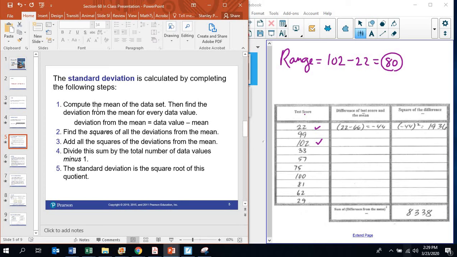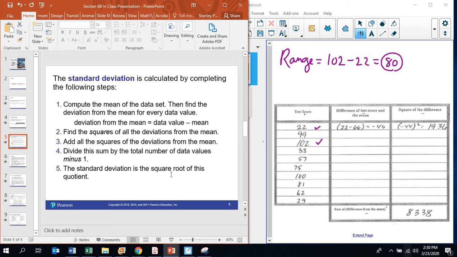You find the mean, then you find the deviation from the mean, which is subtracted. It can be a positive or a negative. You square those, you then add them all up, you divide by the total number minus 1. Remember, this is called a sample standard deviation. That's why we subtract the 1, and then we take the square root of it.